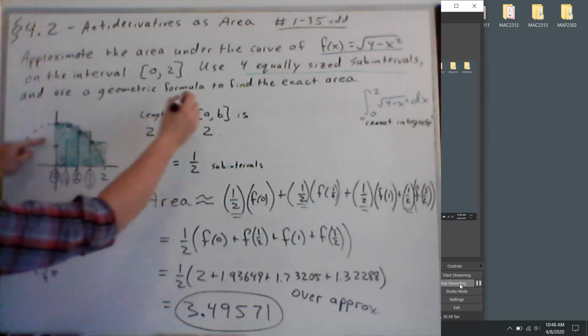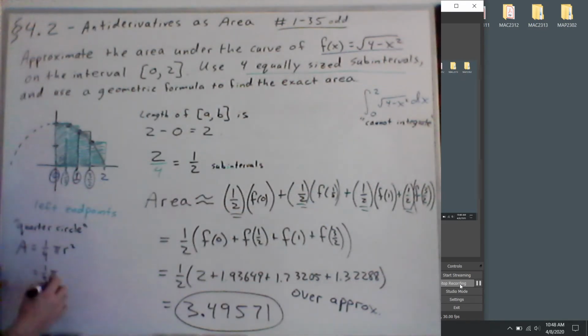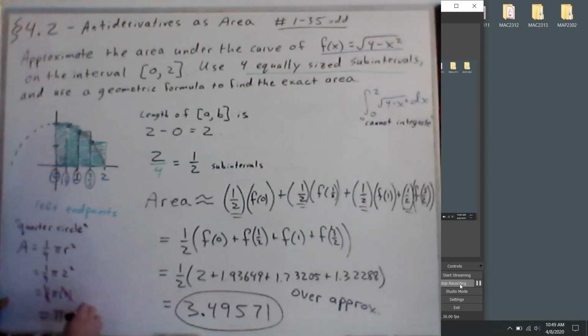So we're going to get 1/4 of pi times 4. The 4 and the 1/4 cancel out, right? That's 4 over 4, that's gone. So our area is exactly pi, which is approximately 3.14159. Okay, we're good there, right? We can stop there.